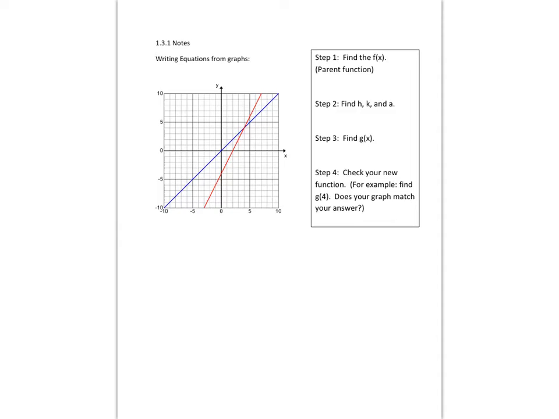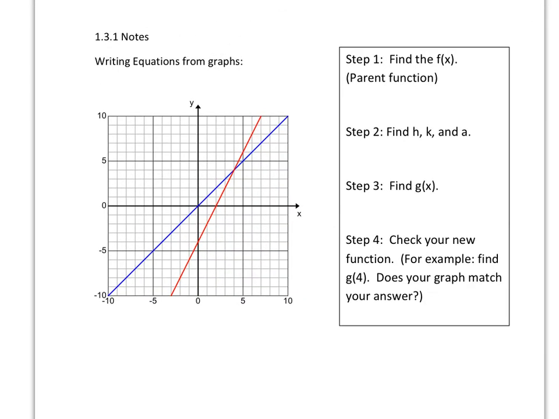Okay, so there's 4 steps to level 3. If you see level 3, it has 2 graphs. The blue one is the original, your parent function, and the red is the transformation. So we need to find the parent function first.